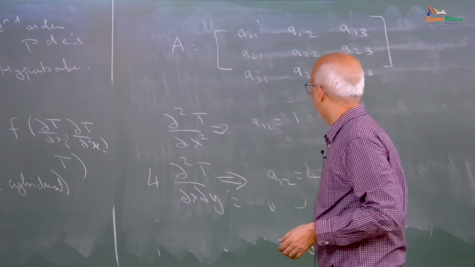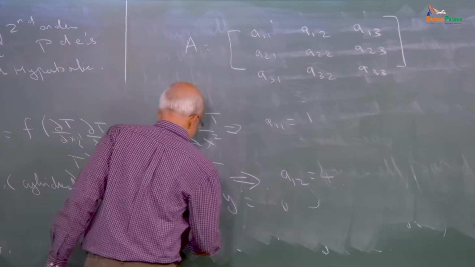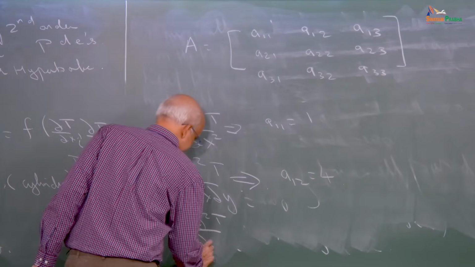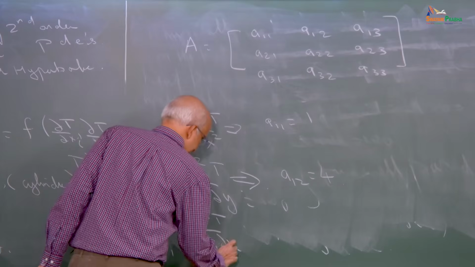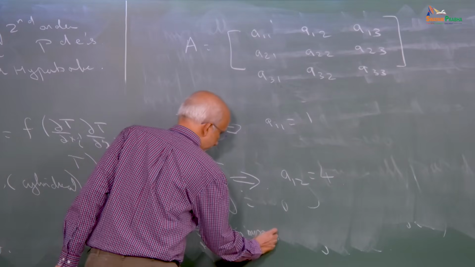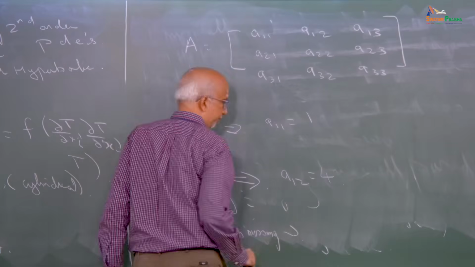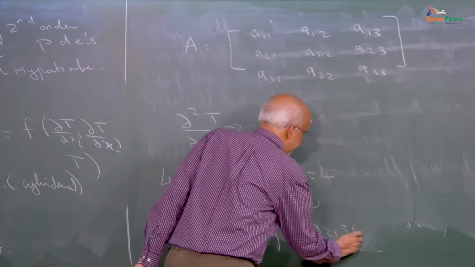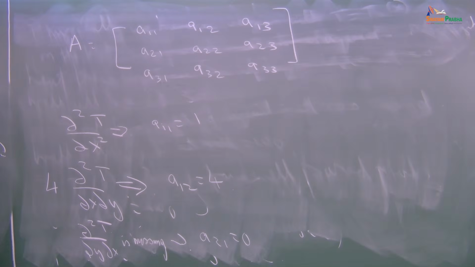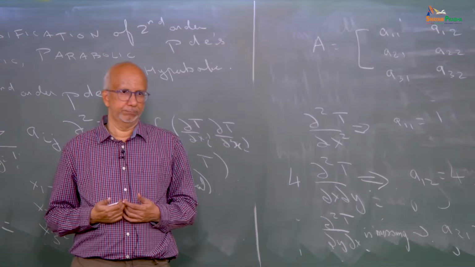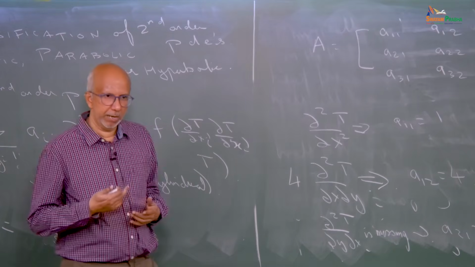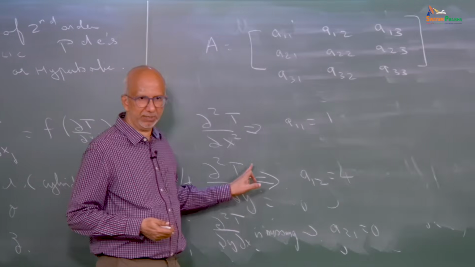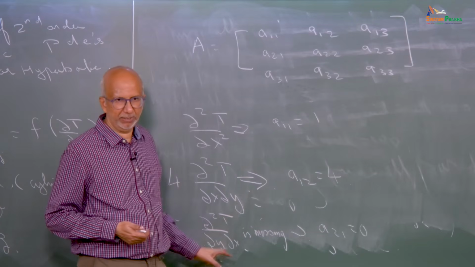Now, suppose a term d square T by dy dx is missing, then A21 is 0, because there is no term. So, now I do not have A12 equal to A21. What do I do? I recognize that d square T by dx dy is equal to d square T by dy dx.